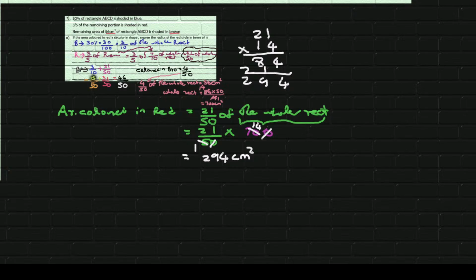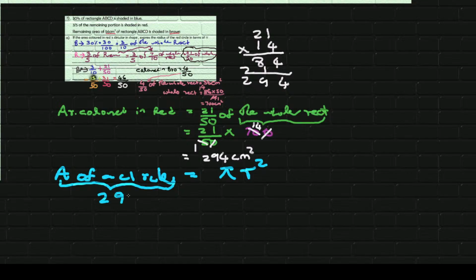Area of a circle is equal to pi r squared. Right, let's plug in the values. Area of the circle is given to us, 294. Since we need the answer in terms of pi, let the pi be as it is. And radius, that's what we don't know, so let's put r squared.